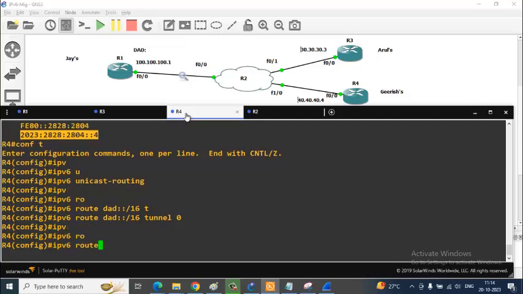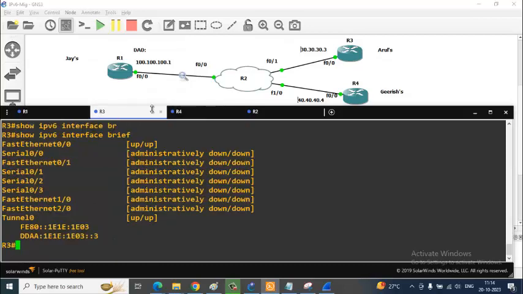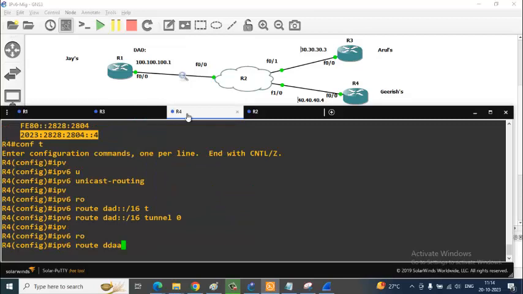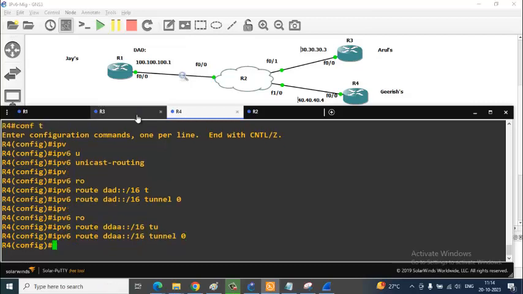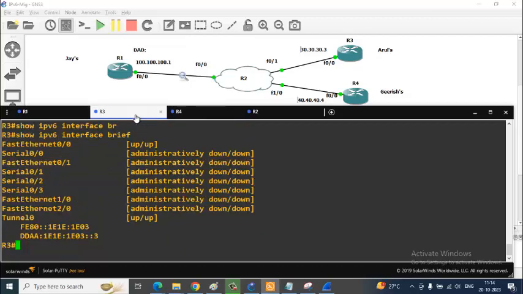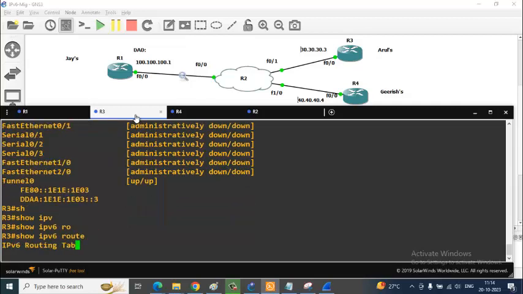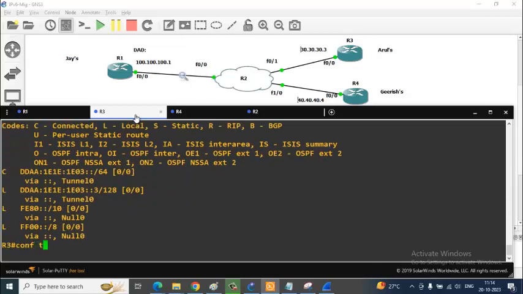IPv6 route DDAA, no? Yeah. DDAA. Likewise, I think that's all. Show IPv6 route. Did I write the static route here? No. Let's write here also.